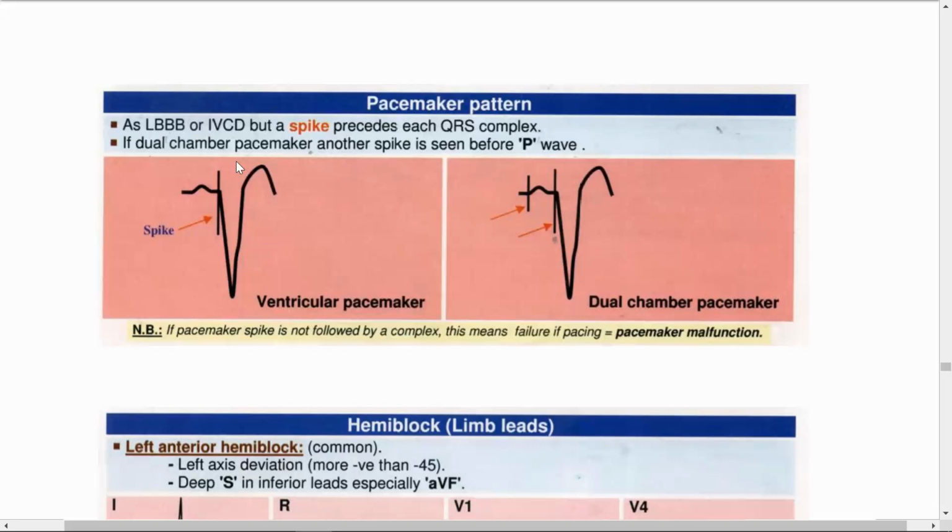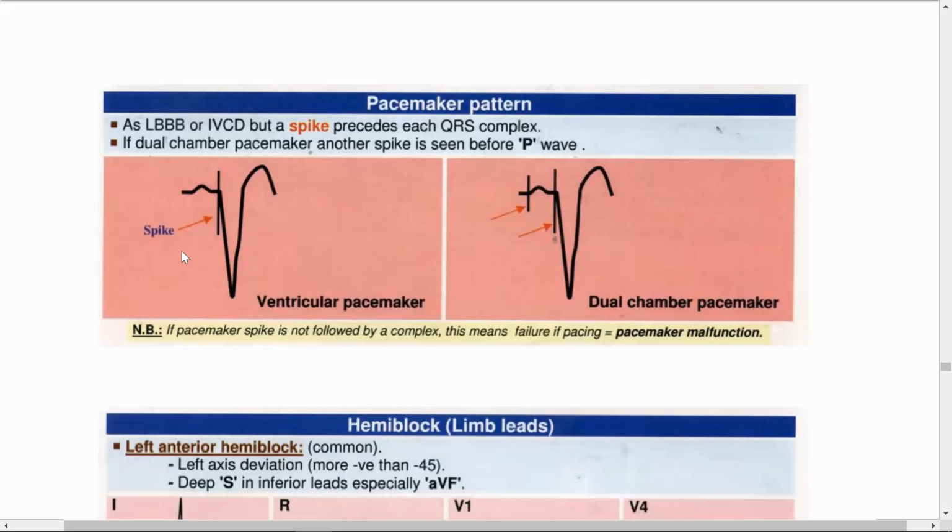So it will give a left bundle morphology pattern, because during left bundle branch block, the right bundle is activated first through the electrical pathway, and then the left ventricle is activated through the myocardium later.